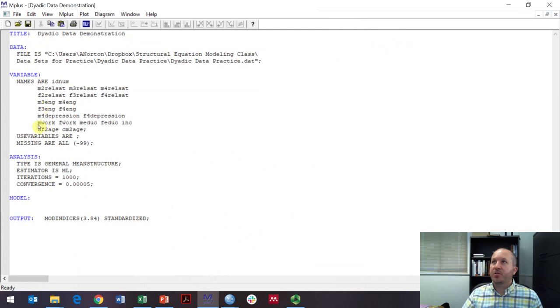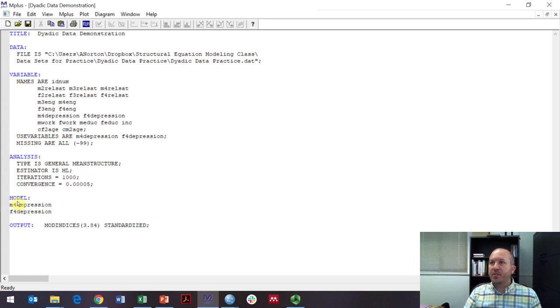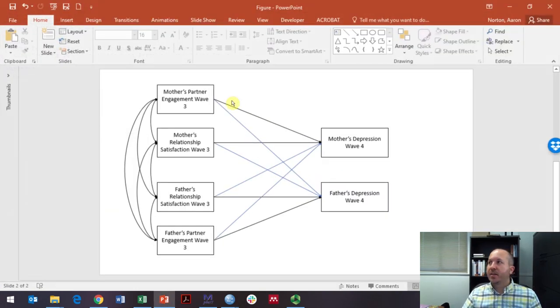So I'm going to first grab my mother's and father's depression, copy those. I'm going to add them to my use variable list, go down here to my model, copy those over. So these two I'm going to put on two separate lines because here are my two outcome variables.